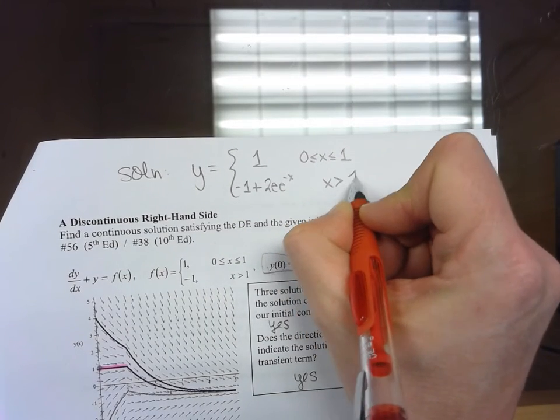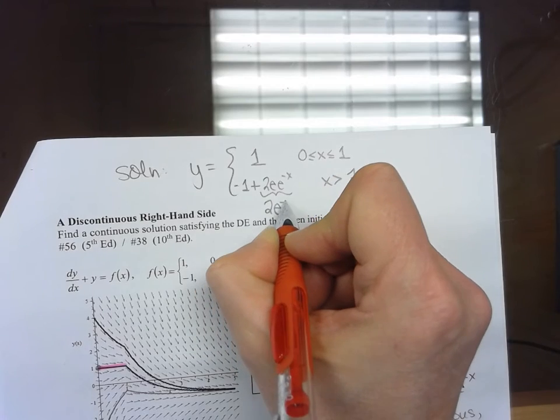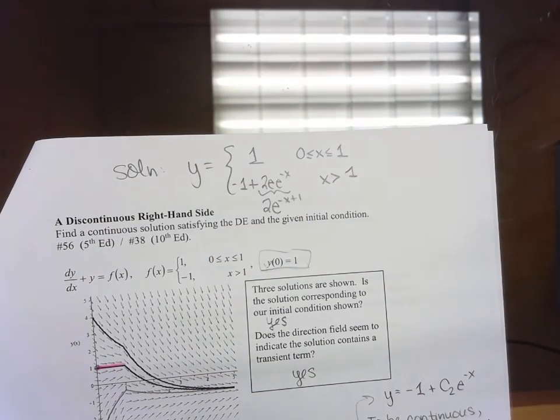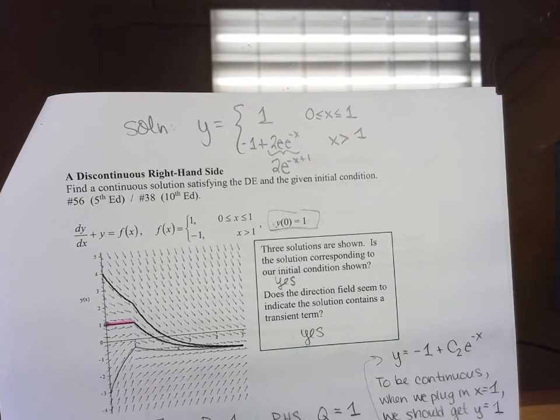I probably wouldn't write it like that. I would write this as 2e to the -x plus 1, just using law of exponents: e to the first times e to the -x, you can add exponents.